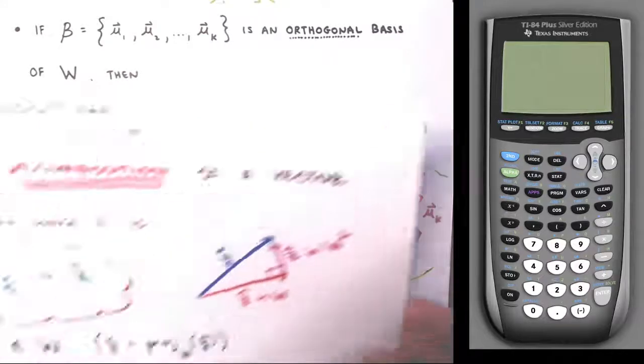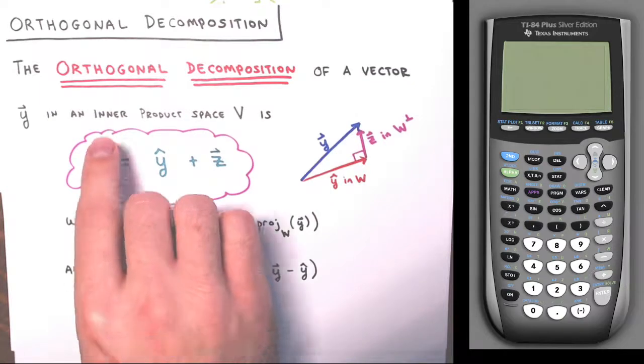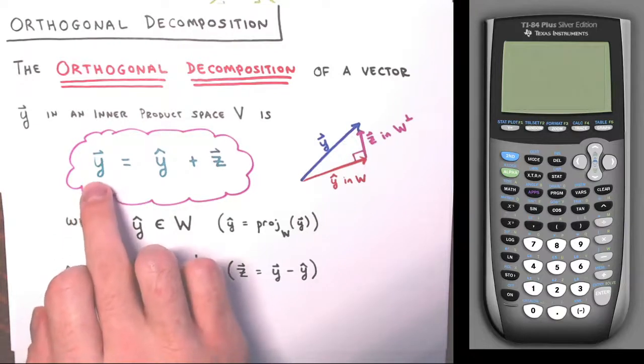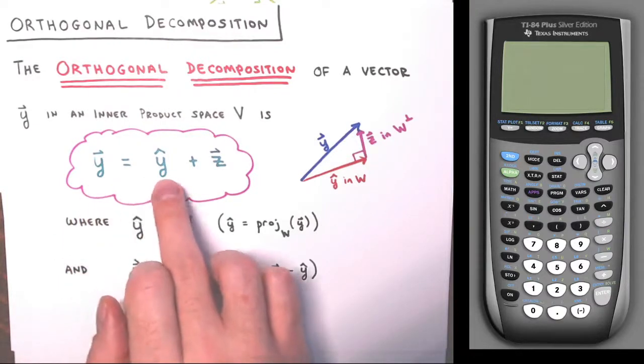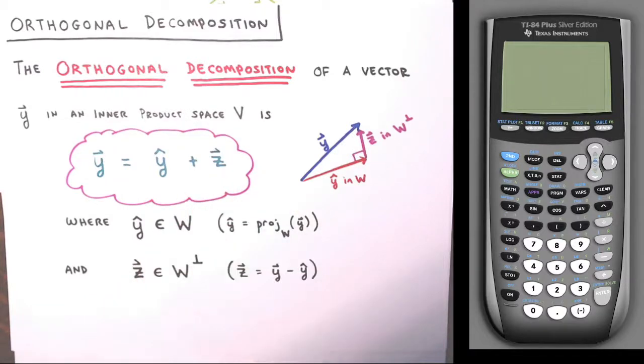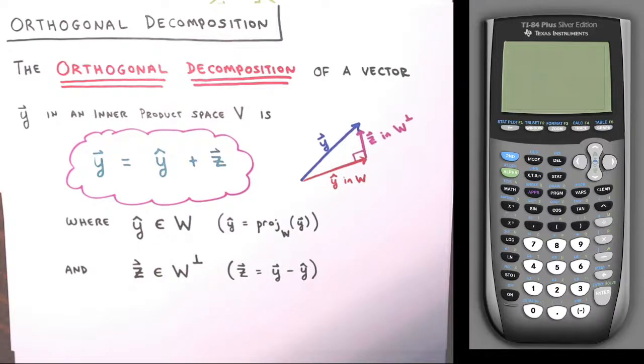And of course, the last part was, then you should be able to make the orthogonal decomposition of any vector in the inner product space as well, where you take any vector from the inner product space and write it as a vector from the subspace plus a vector from that subspace's orthogonal complement. A projection vector plus a vector from the orthogonal complement of W.